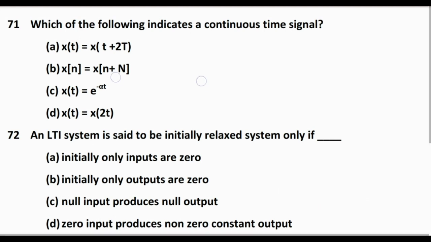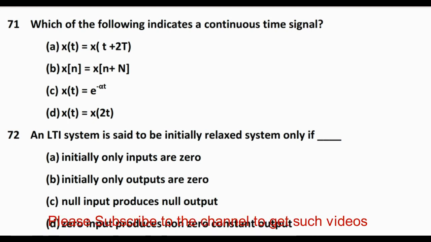Next question is question number 71. Which of the following indicates a continuous time signal? Actually, this question is printed wrong, and it should be a periodic continuous time signal.